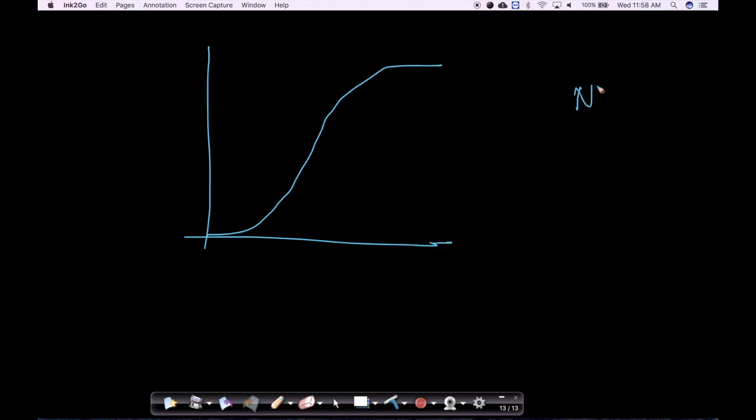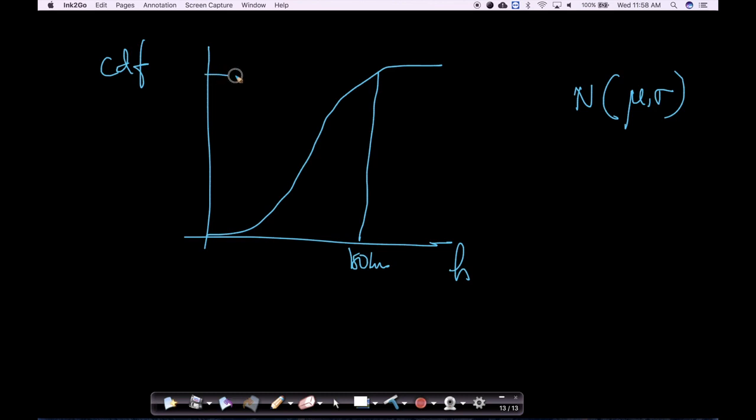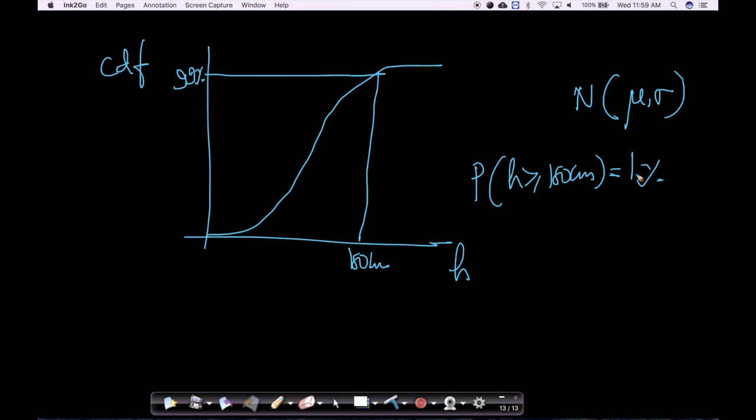Just from the fact that heights are normally distributed, if I know mean and standard deviation, I can plot the CDF. These are my heights, and this corresponds to 180 centimeters. And corresponding to 180 centimeters, let's assume the CDF value is 99%. Then the probability of heights greater than or equal to 180 centimeters is 1%.